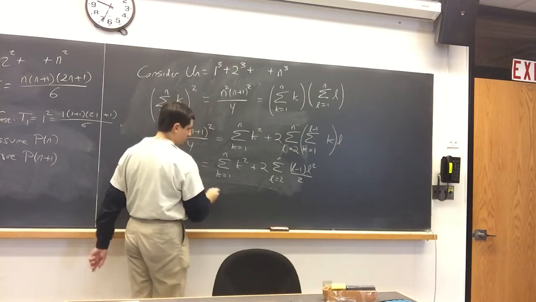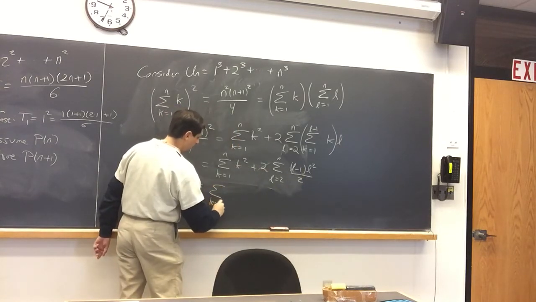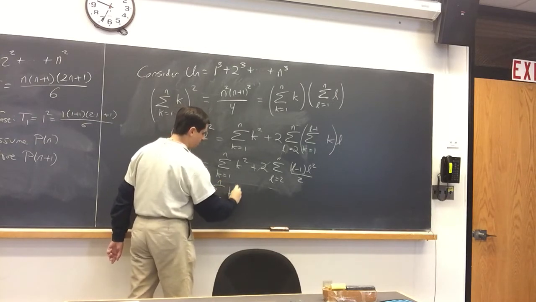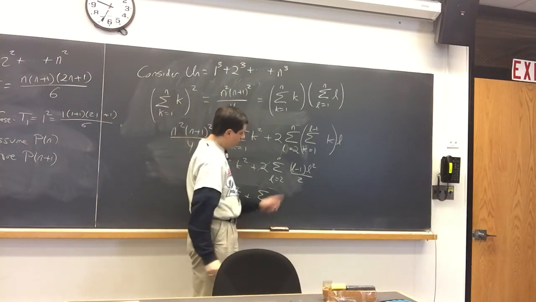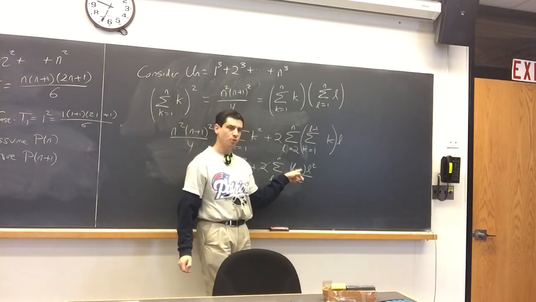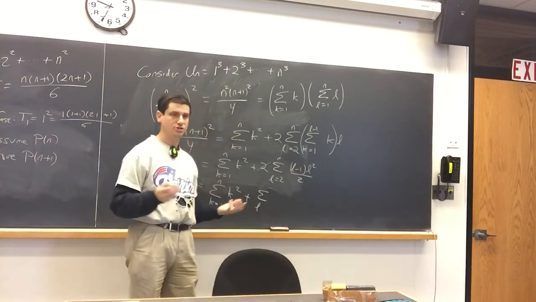So now what do I get? Well, the 2's cancel, and I'll get a sum, k goes from 1 to n of k squared, plus a sum. Now, could I move my L sum down to 1? Yeah, I've got an L minus 1. If I adjust the L sum to go from 1, it's not going to change anything.